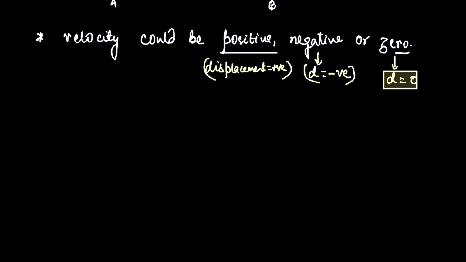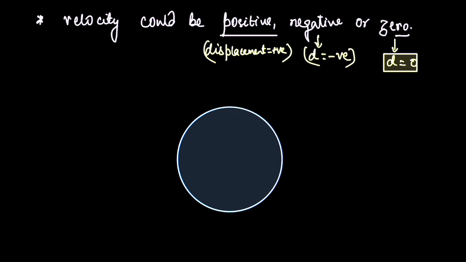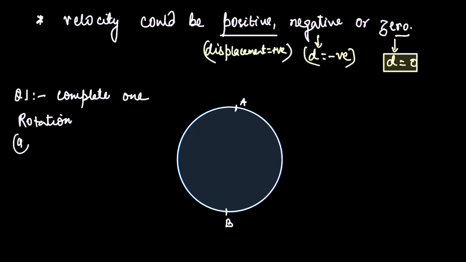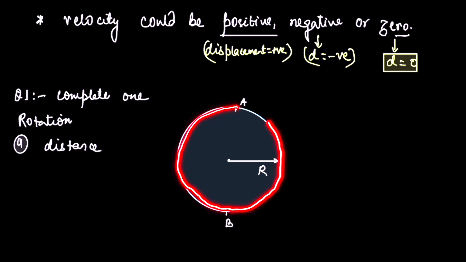So if we ask a question here, if we take a circular path, here is the point A, this is the point B. So if a body completes one rotation, then what is the distance and displacement? So suppose this is the radius r. If a body covers a complete one rotation, means it starts from A and reaches to point A, that time its distance is the circumference, which is equal to 2 pi r.